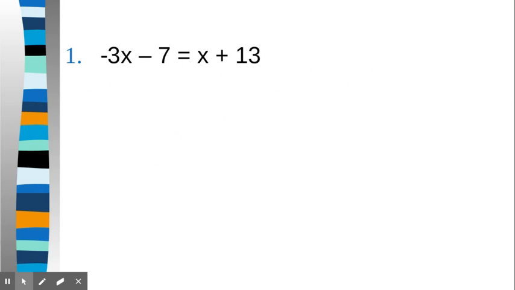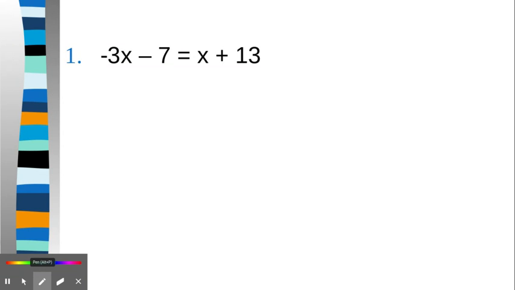Okay, so here you can see a negative 3x on the left and a positive 1x on the right. It doesn't matter where you move your variables. My recommendation would be to keep things positive. So if I think ahead here, if I subtract my 1x to the left side, it's going to leave me with a negative 4x.